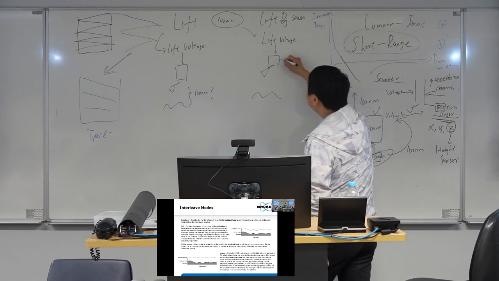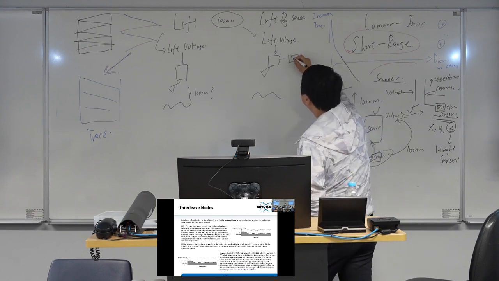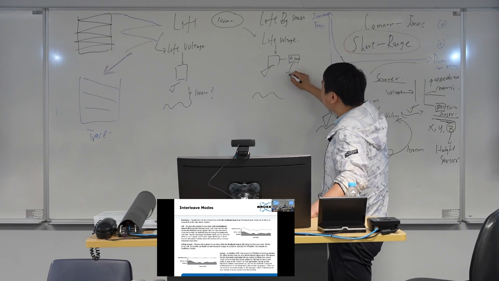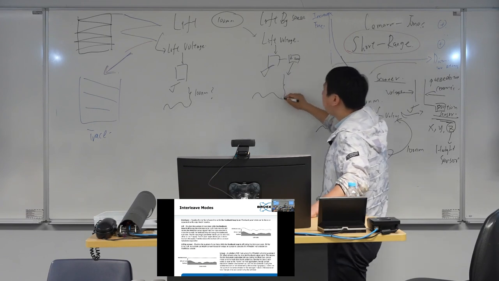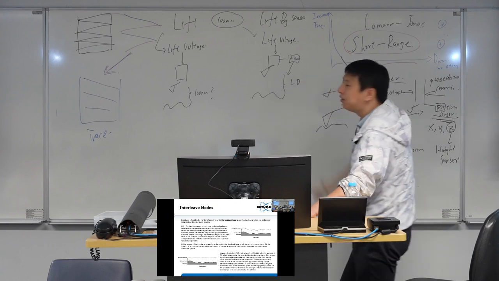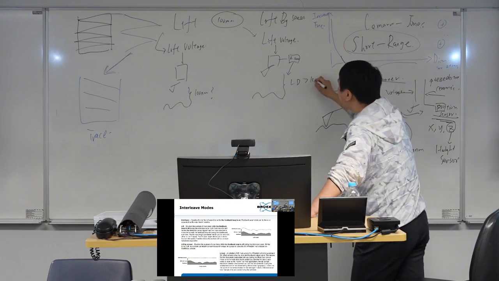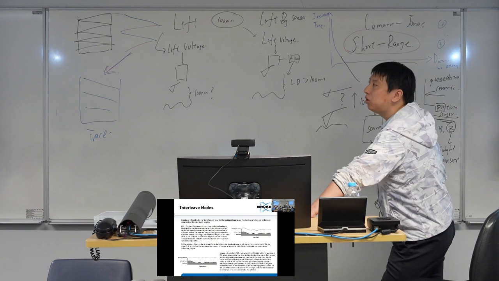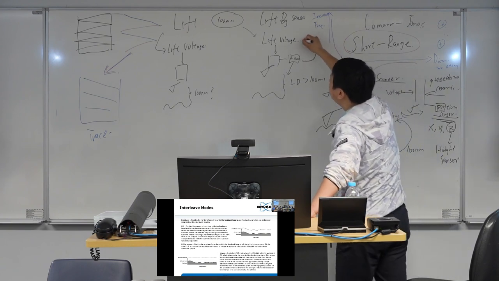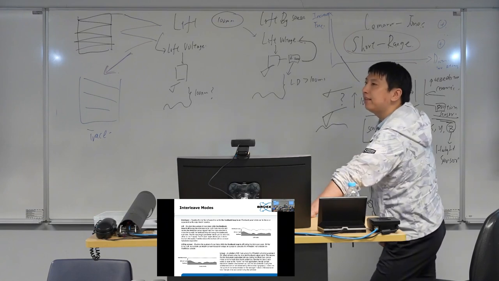And then there is a Z sensor here. And this Z sensor can directly read the lift distance. If this lift distance is larger than 100 nanometers, what will it do? It will feed this distance back into this lift voltage. It's too large.